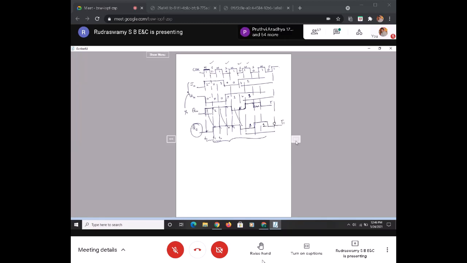But for a given cycle, it will be stable. It will be either 0 or 1. But for consecutive cycles, it will go on as 0, 1, 0, 1, 0, 1, 0, 1.